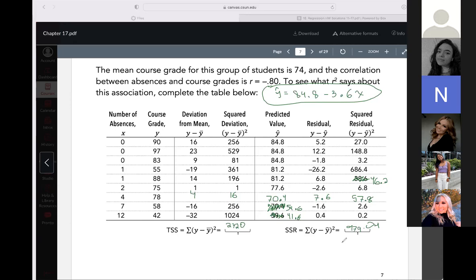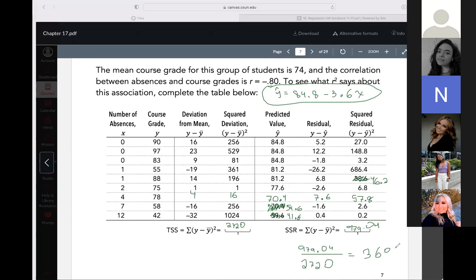And what is 979.04 divided by 2720? What do you get for that? 0.36. 36%.